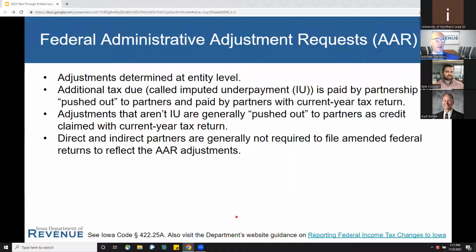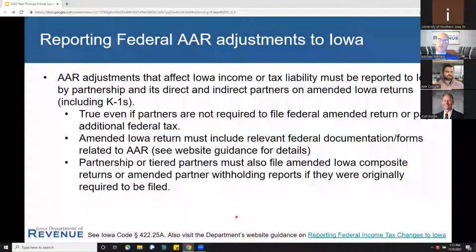But what is important here is when these BBA partnerships file administrative adjustment requests, it usually results in their partners not having to file amended federal returns to reflect those adjustments. However, under Iowa law, those adjustments still need to be reported to the state of Iowa.